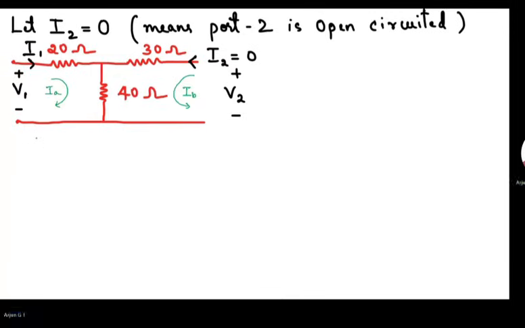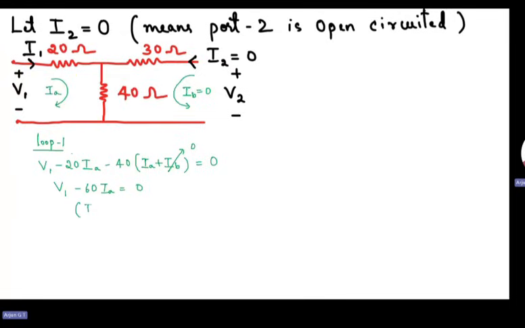First I will apply KVL for loop 1. We get V1 minus 20 IA minus 40 (IA plus IB) equal to 0, because both these currents are in the downward direction, so we can add them. As we consider I2 equal to 0, IB also becomes 0. Therefore, we get V1 minus 60 IA equal to 0.